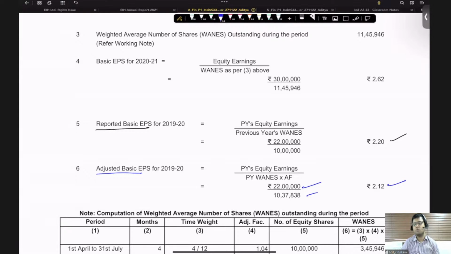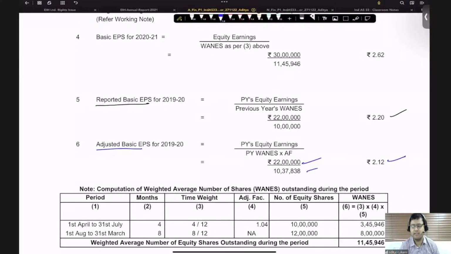It comes to 2.12. Is it okay? So whatever has been my shares prior to the rights issue, I will be adding the bonus to that. Is it okay? Have you understood?